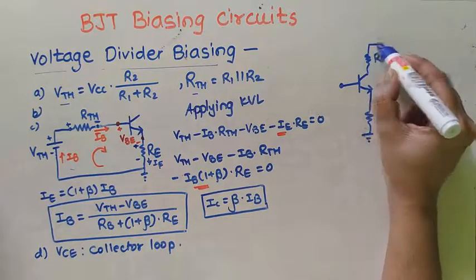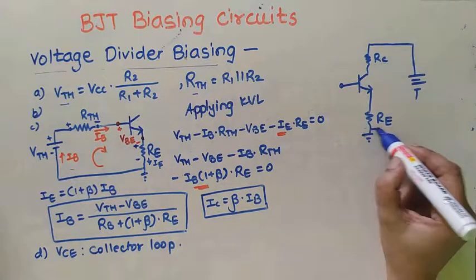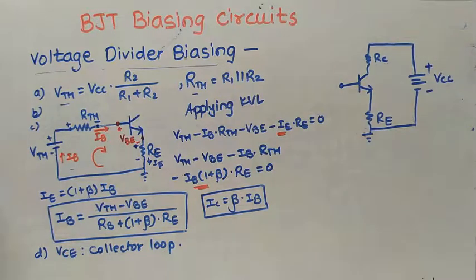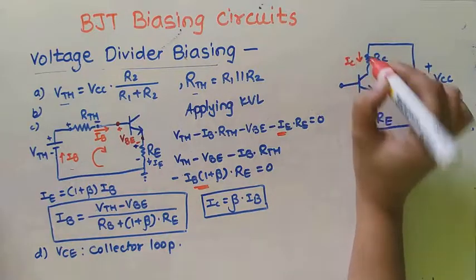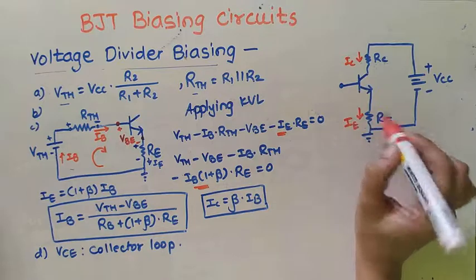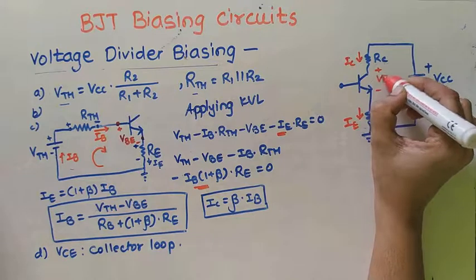Now the VCC supply I will draw like this for our convenience, plus minus VCC. The current through this RC is IC, the current through RE is IE. The voltage drop from collector to emitter is plus minus VCE.